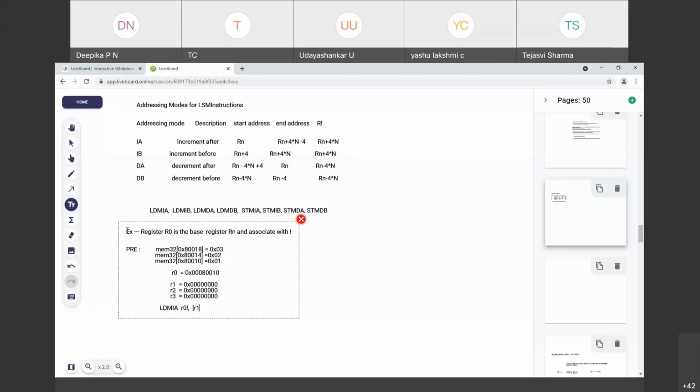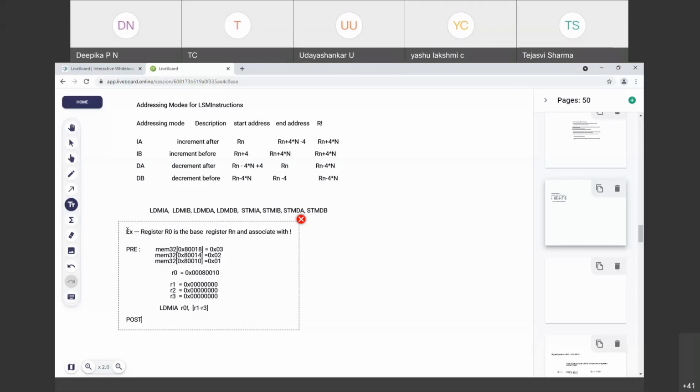Instead of independently representing R1, R2, R3, I will say R1-R3, where the dash is the character used to say I am pointing to R1, R2, R3. That means these three registers are taken by the load store multiple instruction. This is the load store multiple instruction.